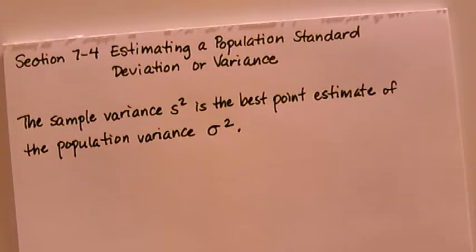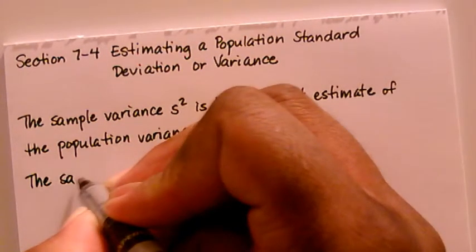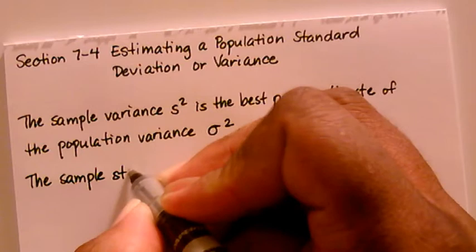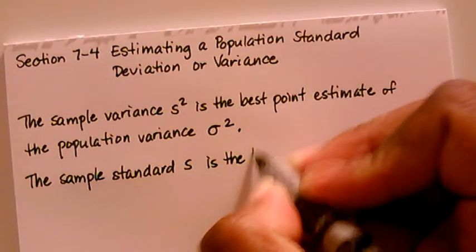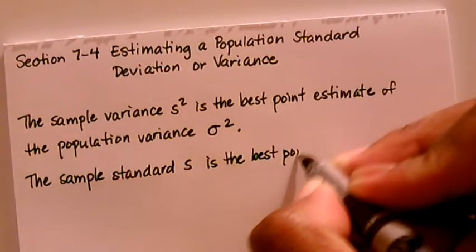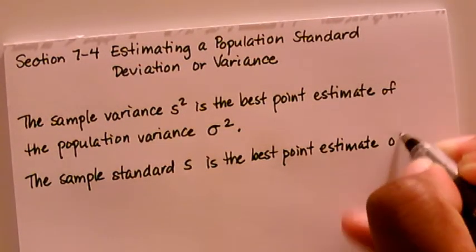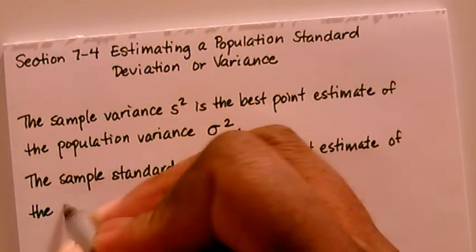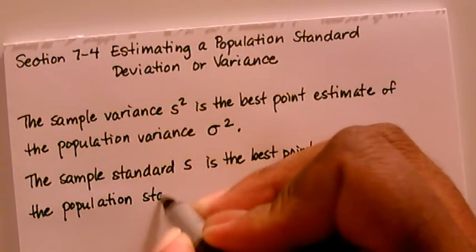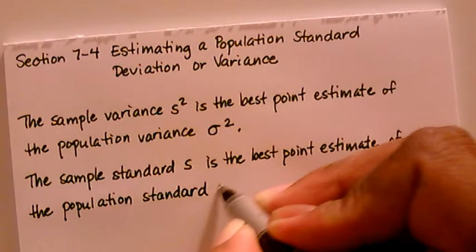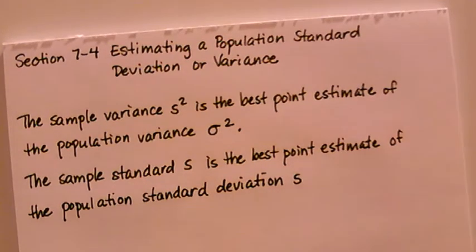So in this case, we'll say that the sample standard deviation, which is S, will be the best point estimate of the population standard deviation, which is in this case sigma.